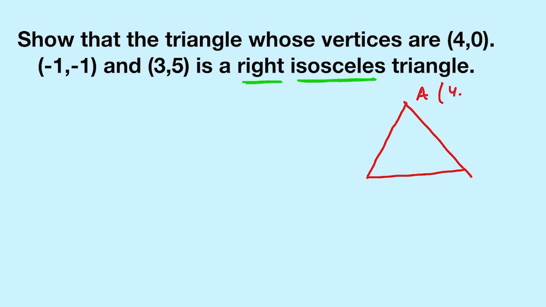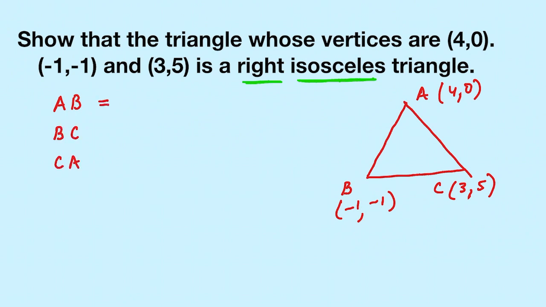Let's say A is 4, 0, B is minus 1, minus 1 and let's take C as 3, 5. Now we will find AB, BC and CA. So let's find AB. AB is (4 minus of minus 1), 5 square plus (0 minus of minus 1), 1 square. So you get 25 plus 1, root 26.